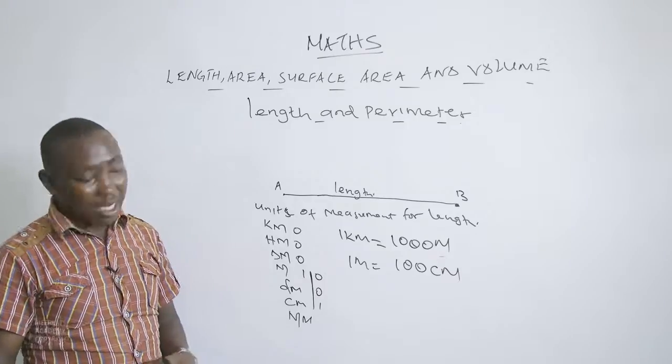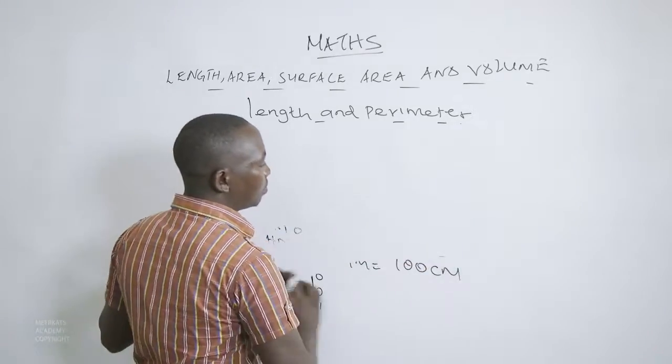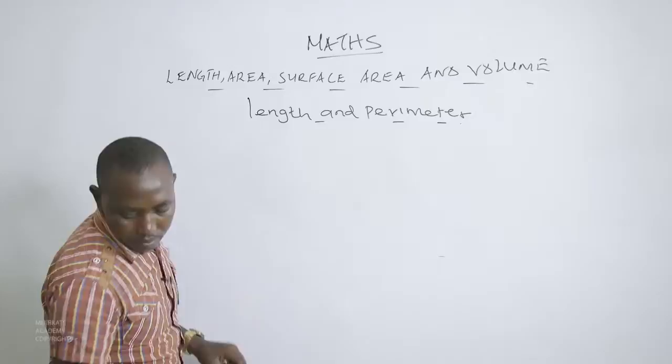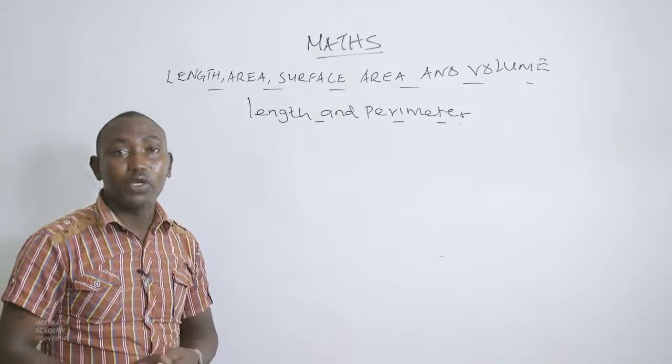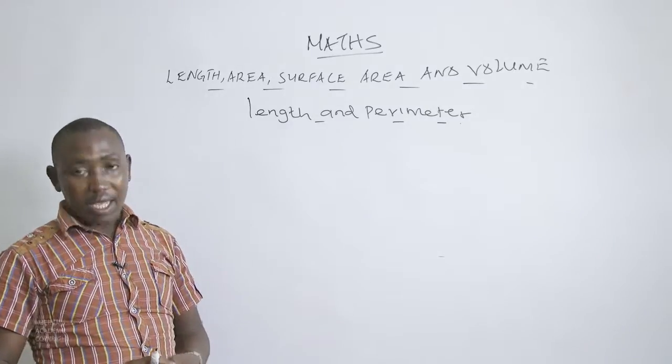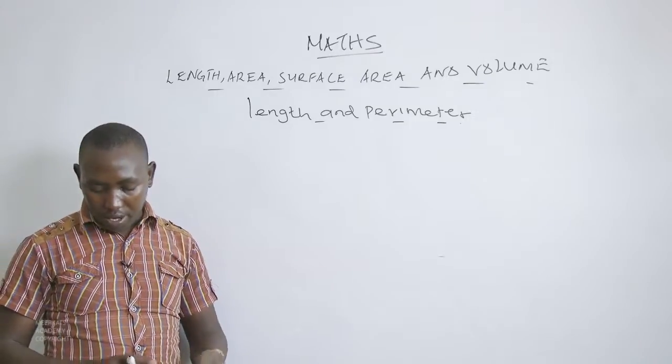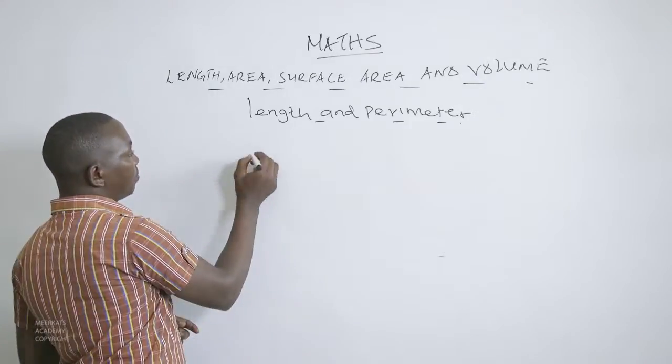And the perimeter, as we had mentioned earlier, is the distance around a closed figure or shape.